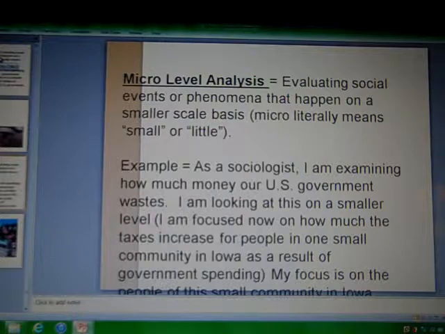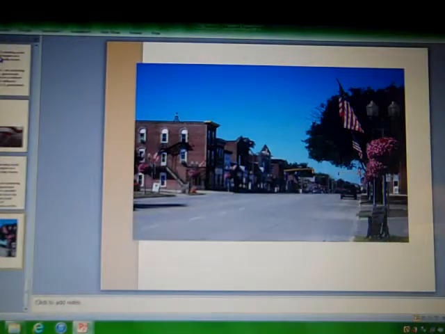I'm going to focus on how much the taxes increase for people in a small community in Iowa as a result of government spending. How does that impact this small, tiny community, or one street, or one household? Now I'm doing micro-level analysis. So I could go either way. I could look at the bigger scale stuff, and I can look at the smaller stuff.